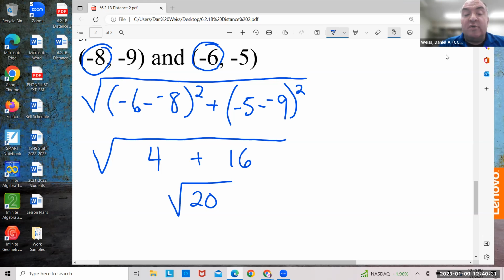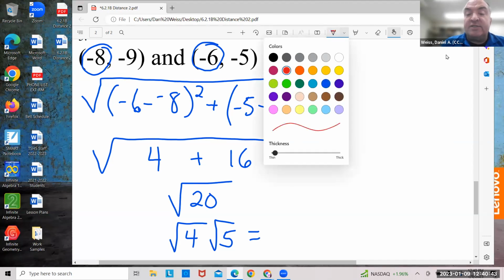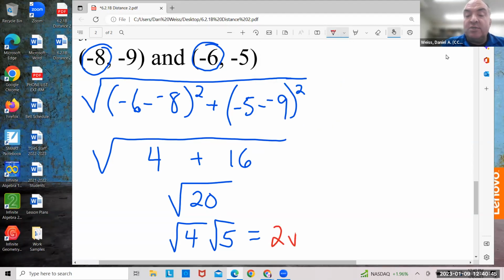What perfect square goes into 20? 4 goes into 20. 4 times 5 is 20. What's the square root of 4? The square root of 4 is 2. So your answer is 2 square root of 5. Okay.